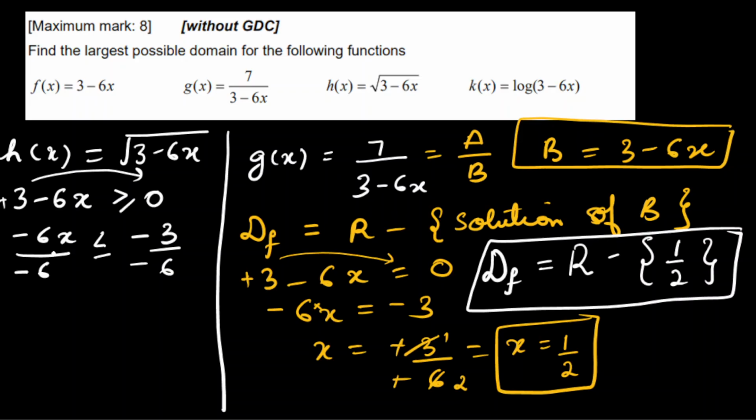Whenever you are multiplying or dividing an inequation by a negative number, you have to change the inequality sign. That's what I have done, because I am dividing by negative 6.